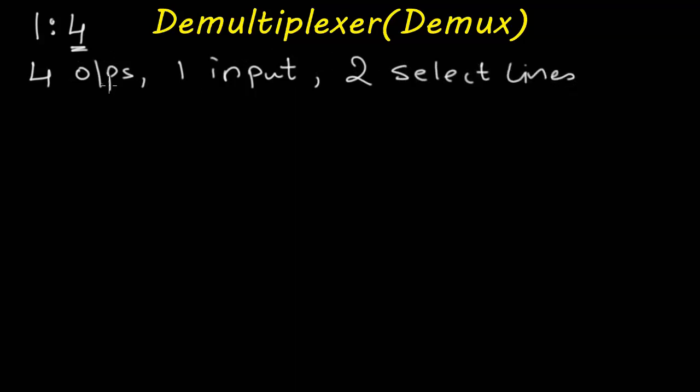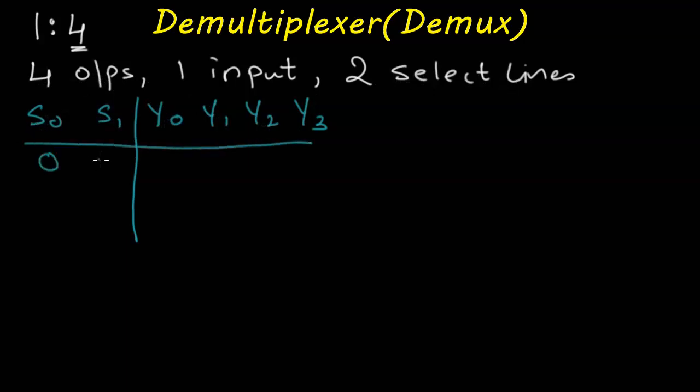So now let's see first the table behind this. We have S0 and S1, and Y0, Y1, Y2, Y3 representing my 4 outputs, with S0, S1 representing the combinations for my select lines. There are going to be 4 combinations: 0 0, 0 1, 1 0 and 1 1.